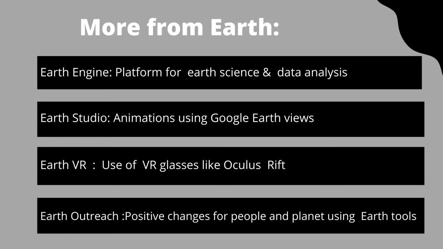Earth Engine is a platform for scientific analysis and visualization of geospatial datasets for academic, non-profit, business and government users. With Earth Studio, you can create animations using Google Earth views.